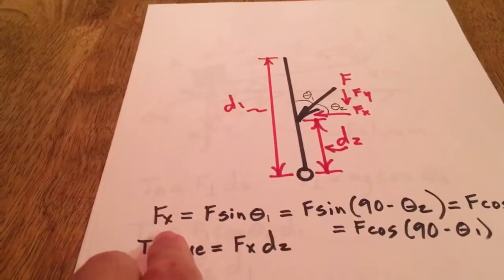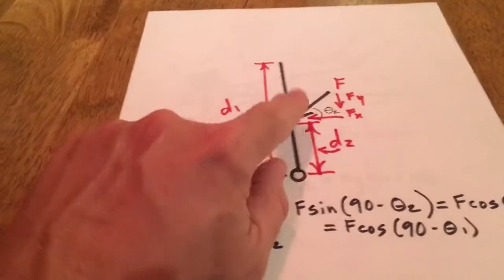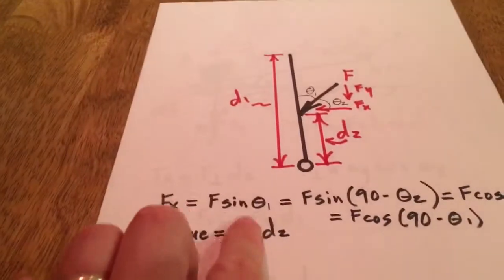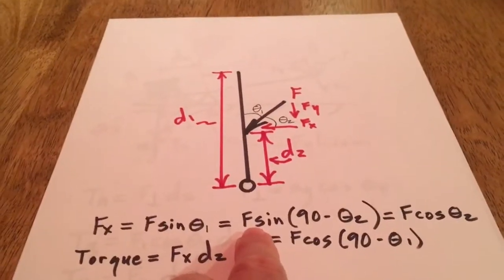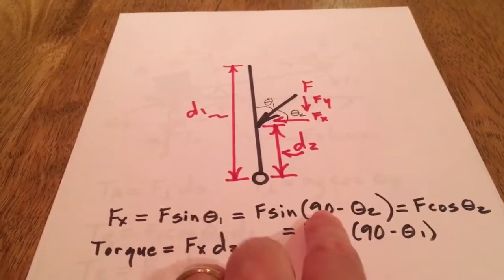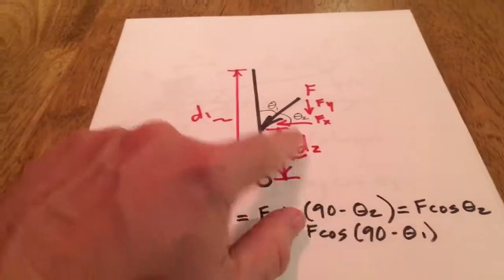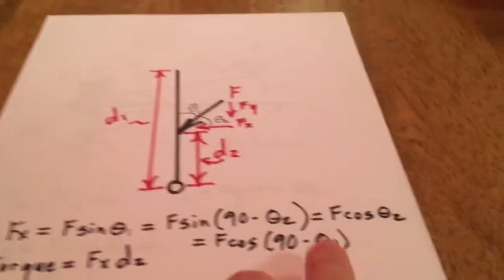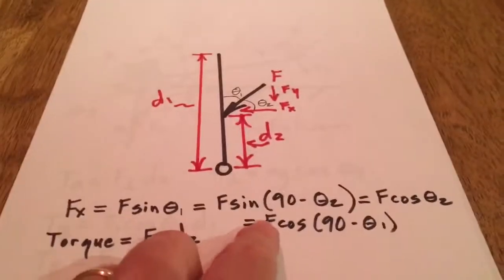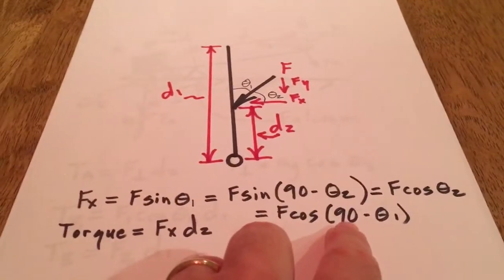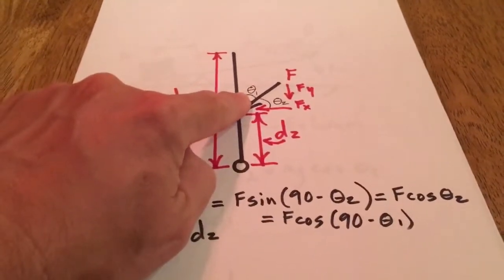So f sub x could be this force here, the black force, times the sine of theta 1, or it could be the force times sine of 90 minus theta 2, or it could be force times cosine theta 2, or it could be the force times cosine of 90 minus theta 1.